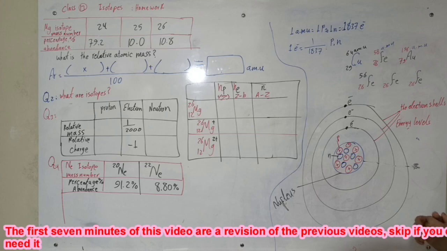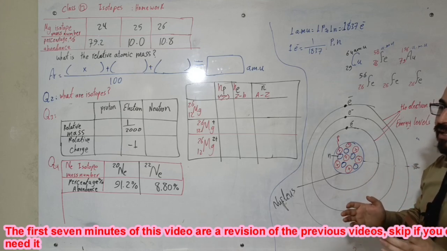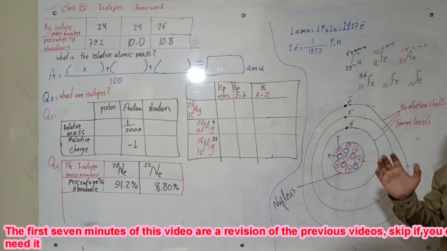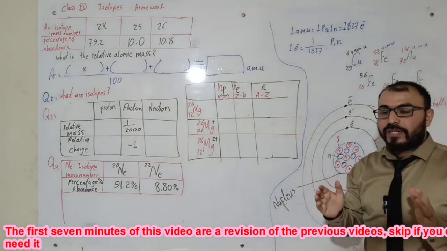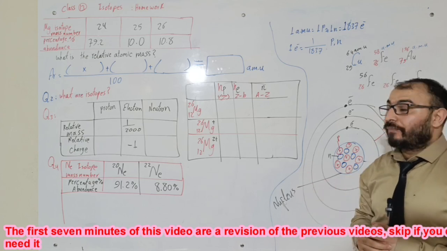Then we said that scientists wanted to calculate or measure the mass of the atom, so they had to put a unit as a scale to depend on.